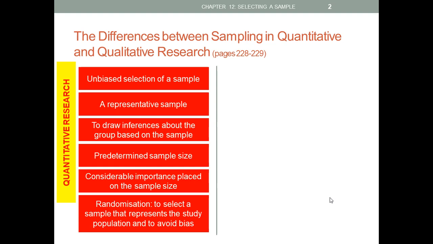They are going to be randomly selected. The researcher has no control over who will be selected. It is up to the random sampling procedures to determine who is going to be selected. So these are fundamentals in quantitative sampling.